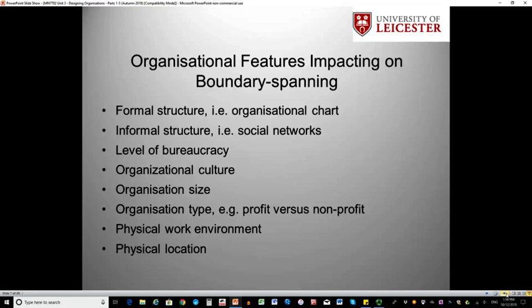Organisations that have a more matrix structure, where you have both vertical and horizontal communication, you can see how that might then encourage boundary spanning. So the formal structure and the way that the organisational chart is set up, whether, for example, it's a very hierarchical structure or perhaps a matrix structure, can either help or hinder boundary spanning within the organisation. So clearly a matrix structure is much more likely to encourage boundary spanning than a rigid hierarchical structure.